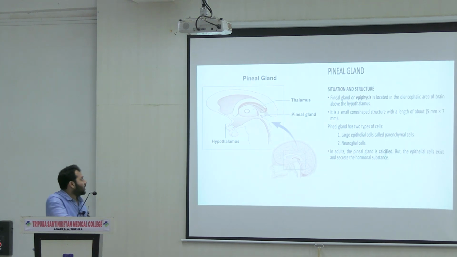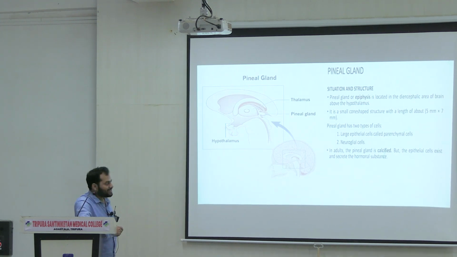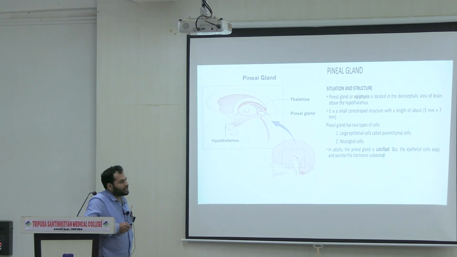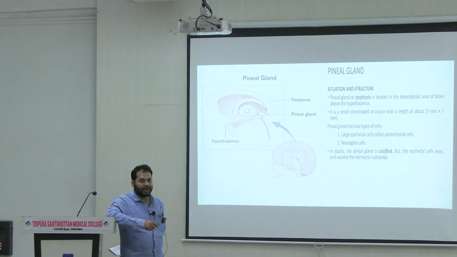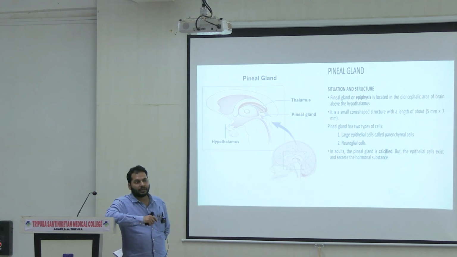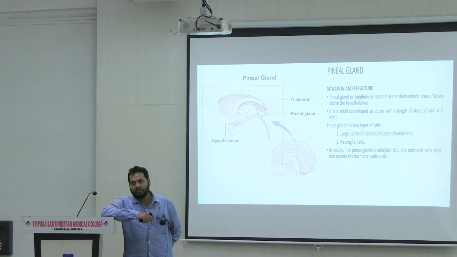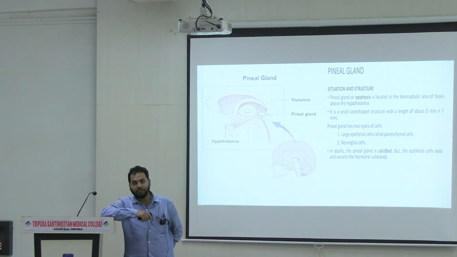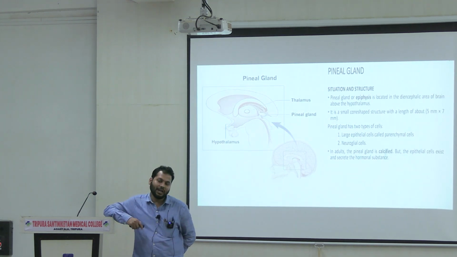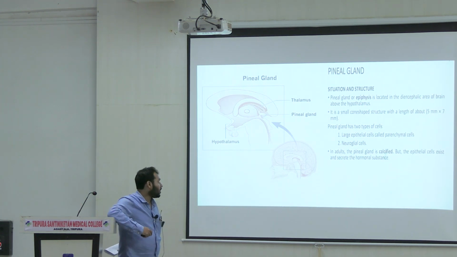See, the pineal gland is located in a specific part of our brain, and like other glands, it is very important. Though it is present in the brain, as it involves some endocrine functions, the pineal gland is also known as an endocrine gland, right?